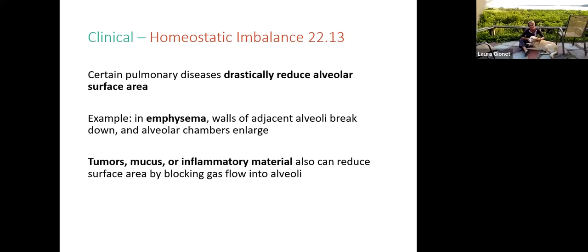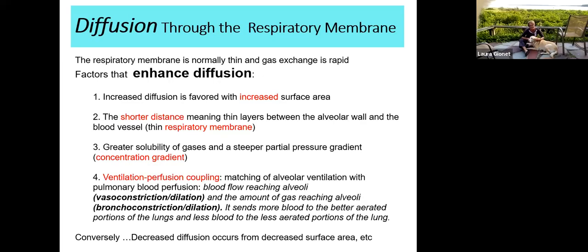It can also reduce the surface area by blocking gas flow into the alveoli, or actually the alveoli themselves. So any pathology that affects the surface area, or the thickness of the respiratory membrane, let's say with pulmonary effusion or edema, changes the concentration gradients.